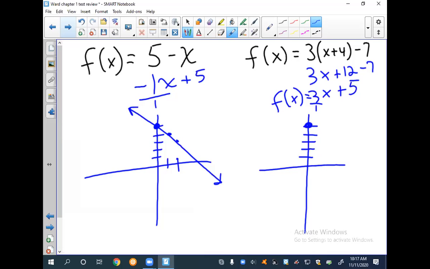If it's not over anything, put it over what? 1. Can you just make up a number on the bottom? There's nothing on there. Just put it over 1. So I go down 3 over 1. 1, 2, 3 over 1. Why did I go left this time? Oh, okay. I went up 6, didn't I? 1, 2, 3, 4. Down 1, 2, 3, 4. Over. There we go.